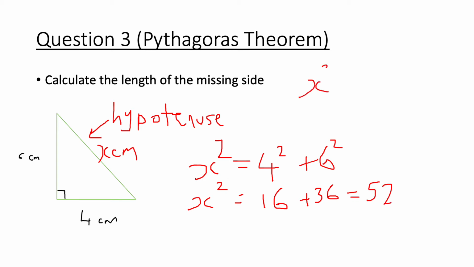Taking the square root of both sides, I'm going to get x equals plus or minus root 52, which I believe is 2 root 13, so plus or minus 2 root 13.